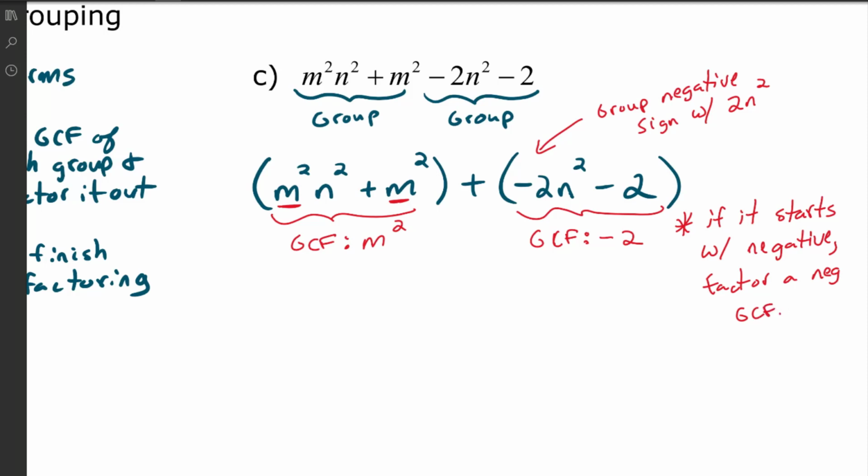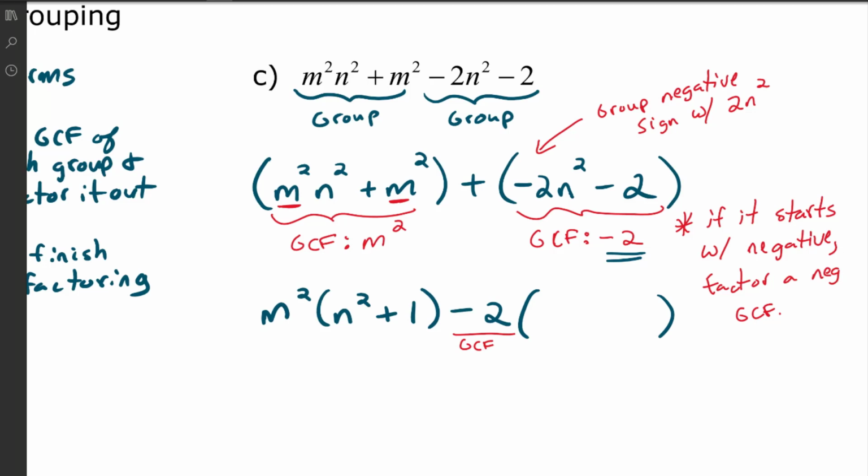Okay, so when you break this down a little bit further, we have m to the second times n squared plus 1. That one's not anything new, but when we factor this negative 2 out, this is your negative 2 GCF right here. And then left behind will be what's left over inside.